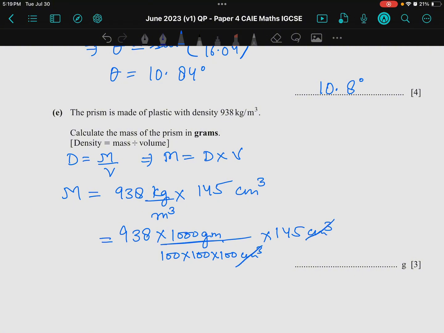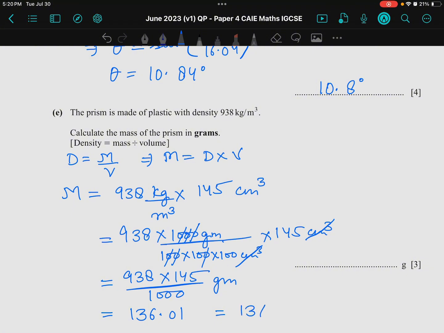So centimeter cube will cancel out, and the 3 zeros will cancel out. So you will get 938 multiplied by 145 upon 1000 grams. When you put this in your calculator, you will get 136.01, which can be written as 136 grams. Answer.